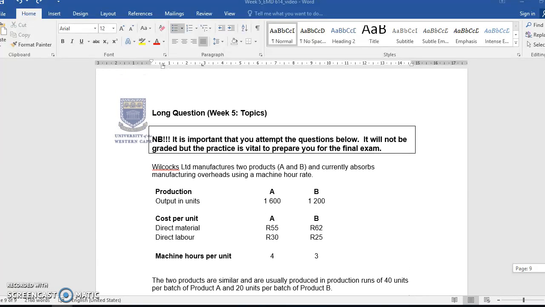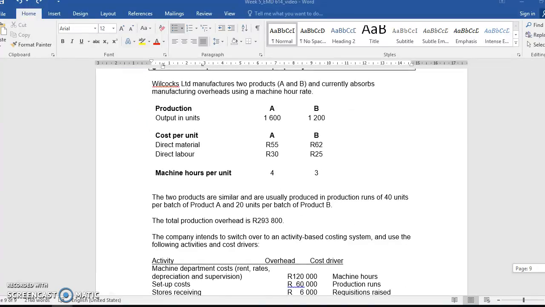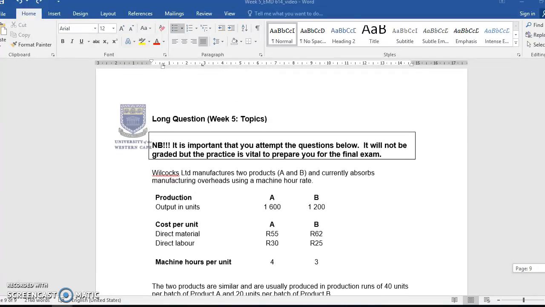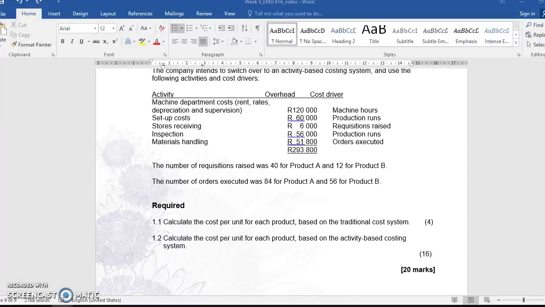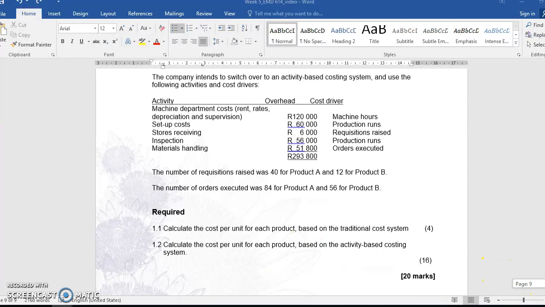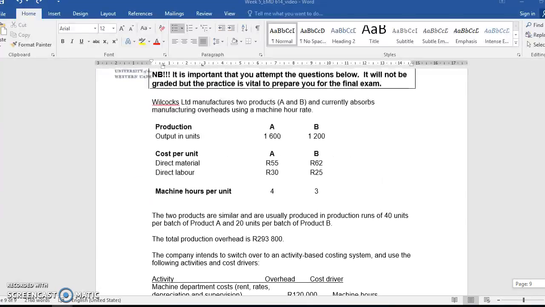All right, so this week's long question was on ABC, and the requirement was to calculate the cost per unit of each product based on the traditional system, and part 2 based on the activity-based system. We're given information. We have two products, A and B. They currently absorb manufacturing overheads using machine hours, so machine hours is the normal allocation base, in other words, the traditional base.